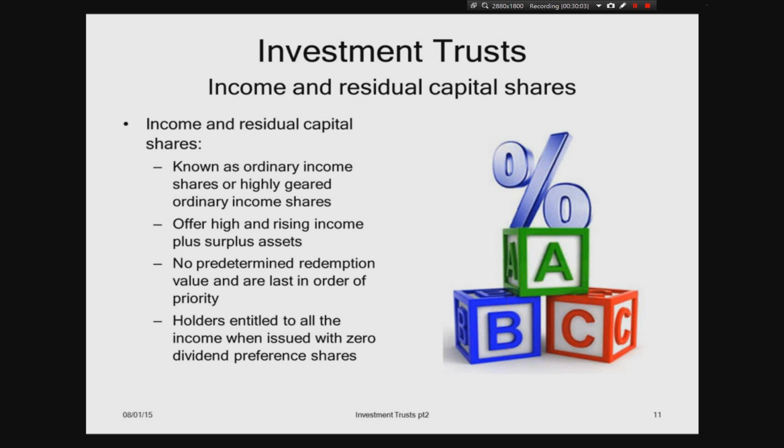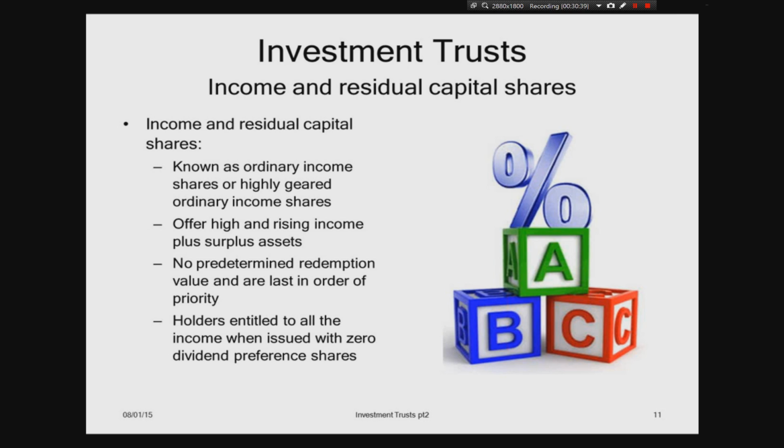The income and residual capital shares, sometimes known as ordinary income shares, just to confuse you, or highly geared ordinary income shares, offer the potential of a high and rising income plus all the surplus assets of the trust at the date the trust is wound up, after other priority ranking classes of shares have been repaid. They have no predetermined redemption value and are the last, generally because they are a capital share, in order of priority of shares to be satisfied.